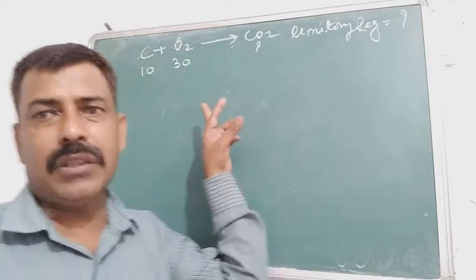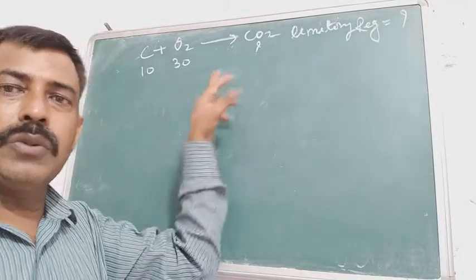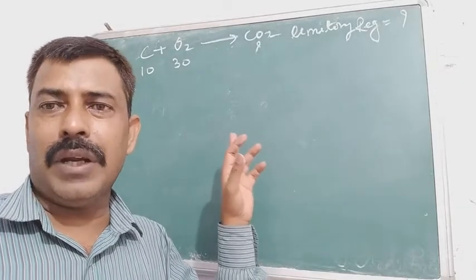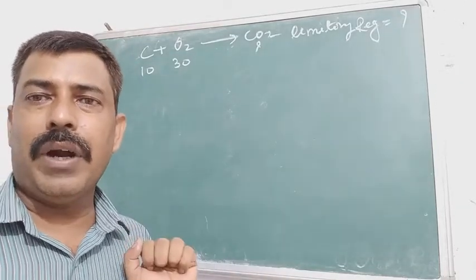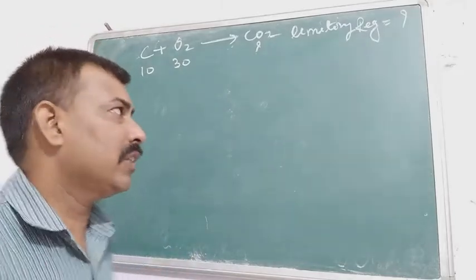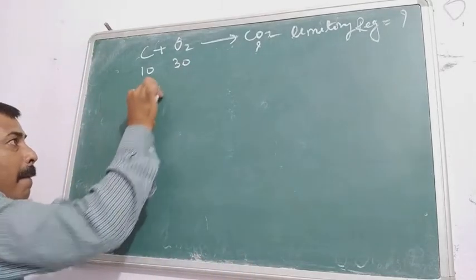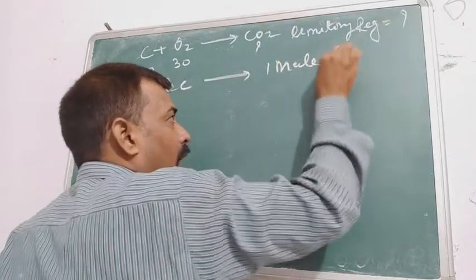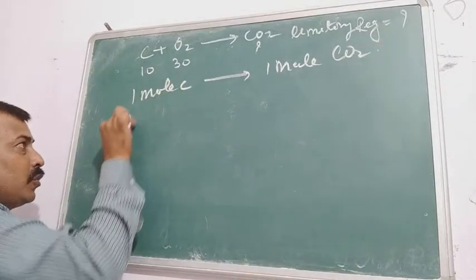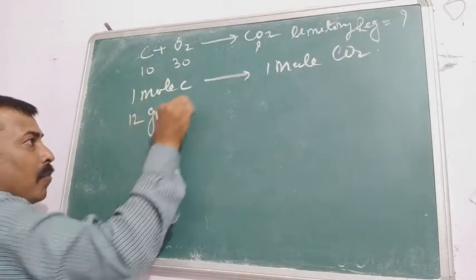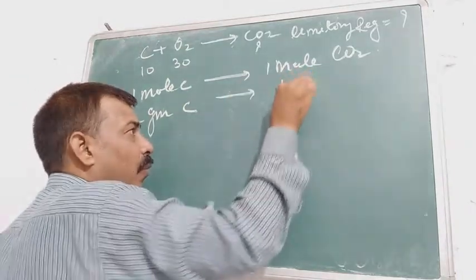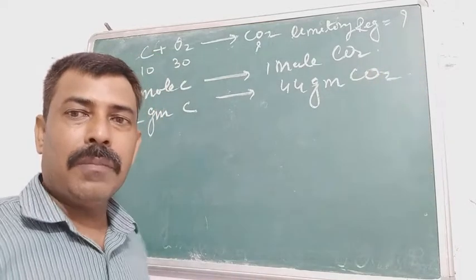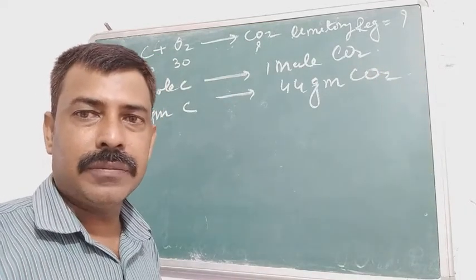So, according to the reaction, 1 mole of carbon gives 1 mole of carbon dioxide. And if 1 mole of carbon gives 1 mole of carbon dioxide, then on that ratio, we can find the amount of carbon dioxide. So, 12 gram of carbon gives 44 gram, that is the molecular mass of carbon dioxide.